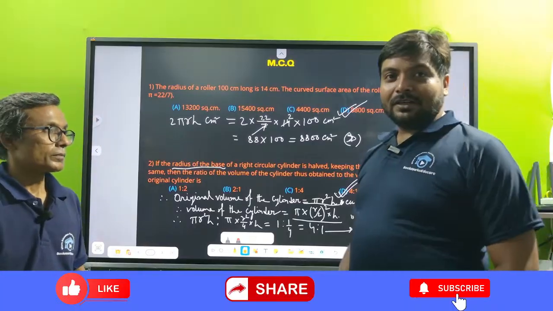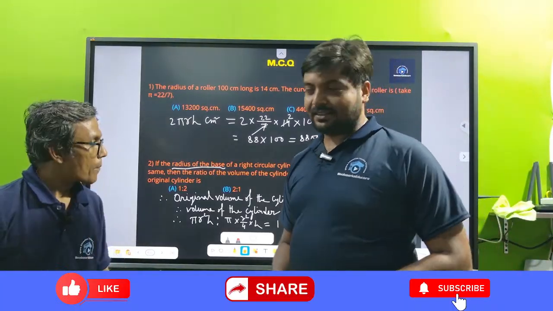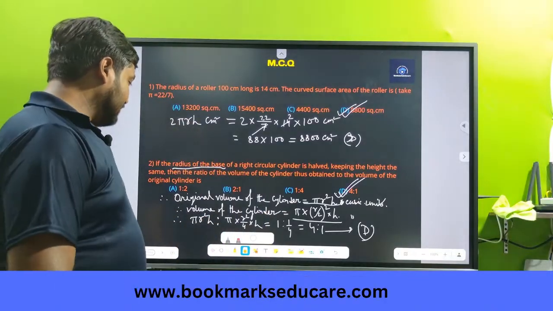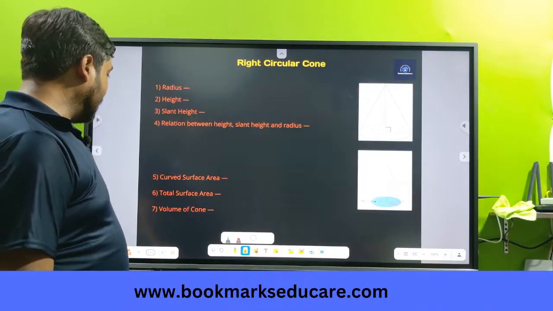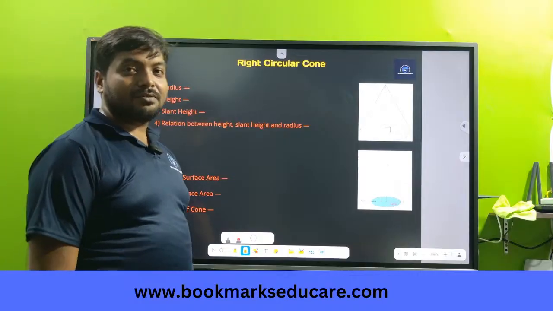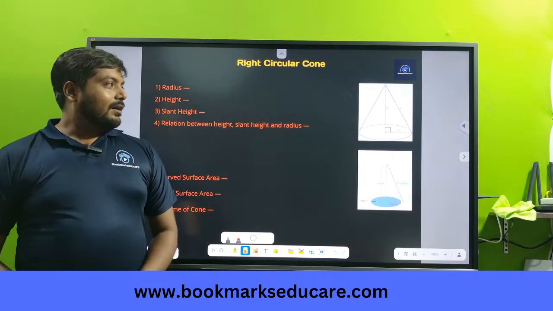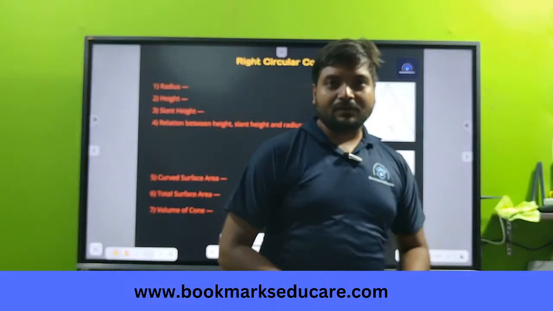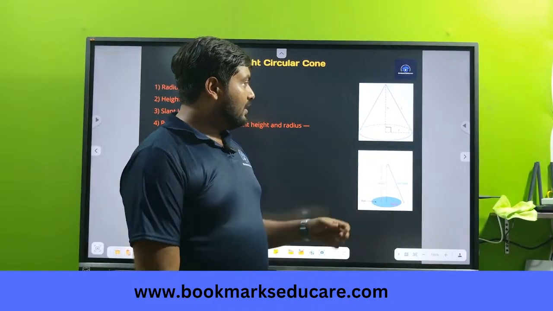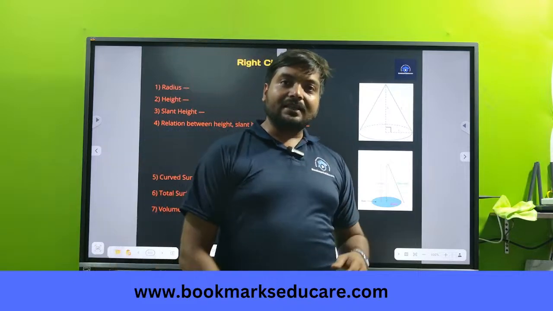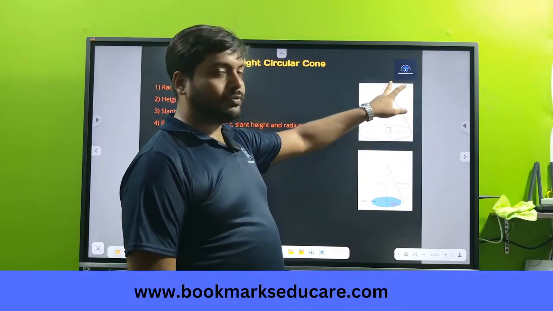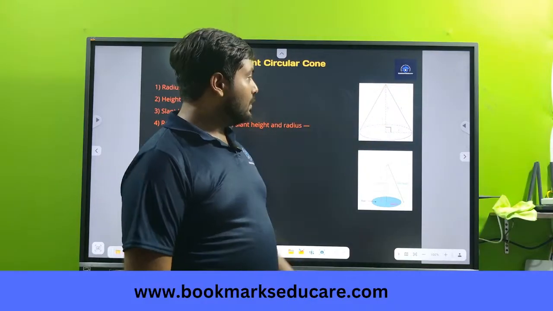Now we will get back to the next section. We will move to the right circular cone. Here is a big difference from the cylinder. The base is in the form of a circle, but there is a vertex at the top of the cone.